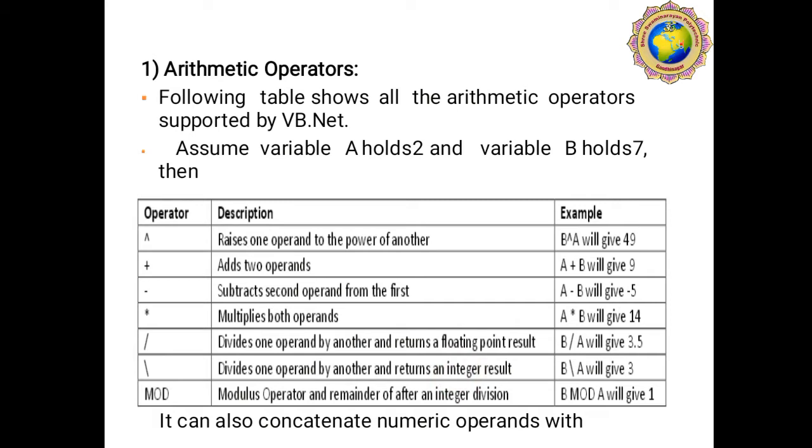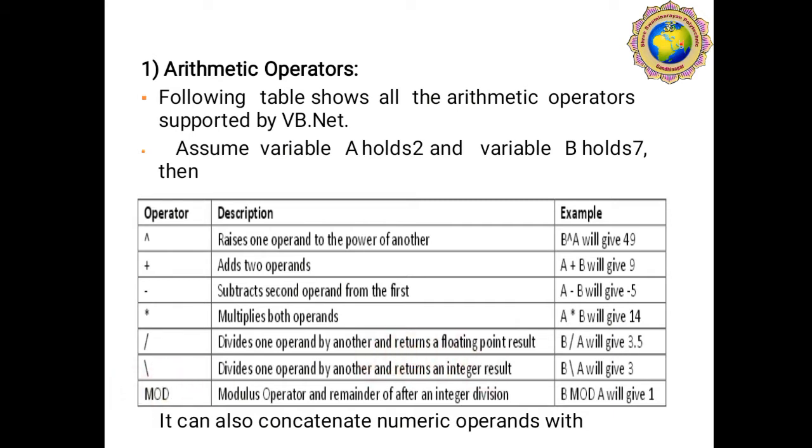Depending on the slash direction, the answer is either 3.5 or only 3. If we use the right hand side slash, we get a floating point result, but if we use the left hand side slash, the result is returned as an integer.